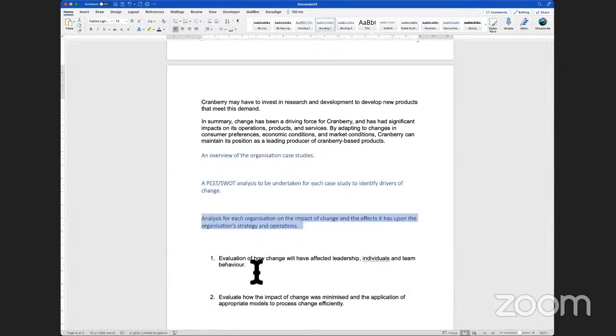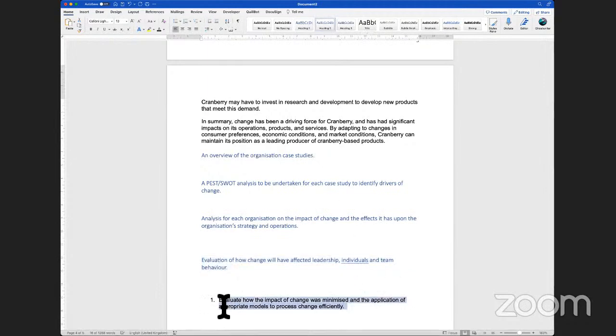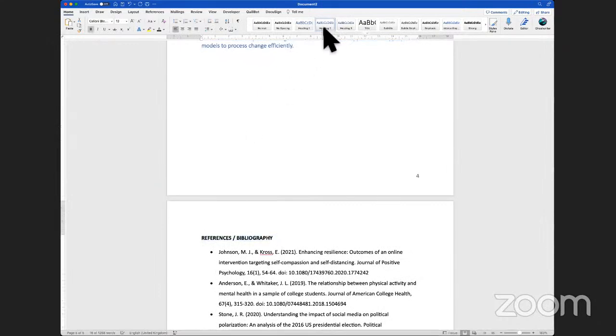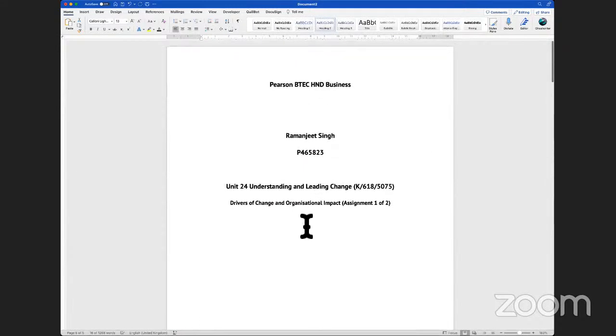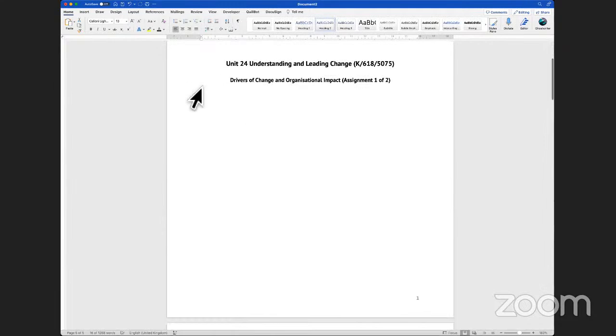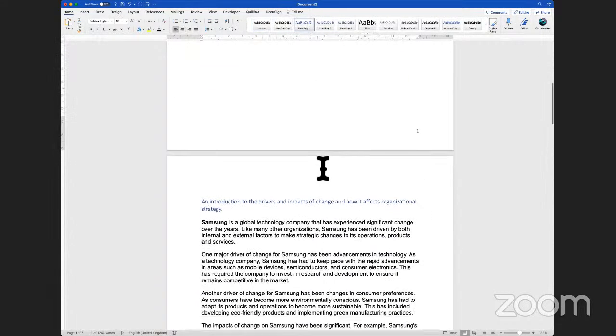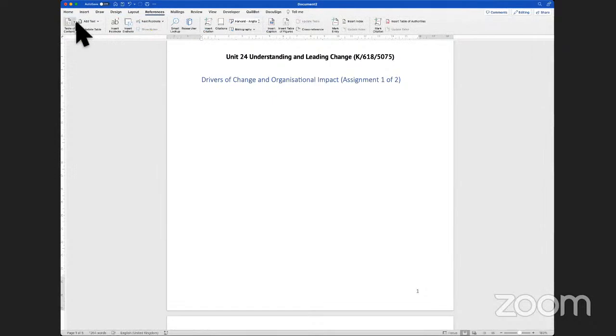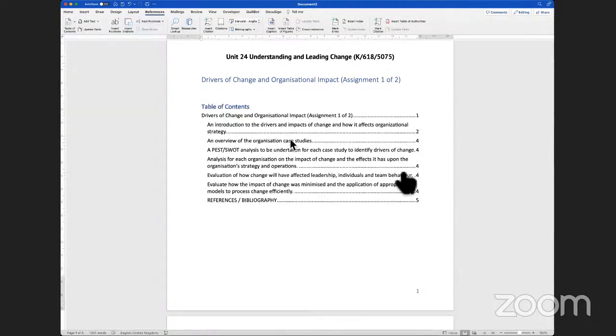So you can draw up a table of contents towards the end as you finish your work, and that can then be presented in the form of a table of contents in a document that you normally send across via email. Here, if I draw a table of contents, it will all be done through the Word document.